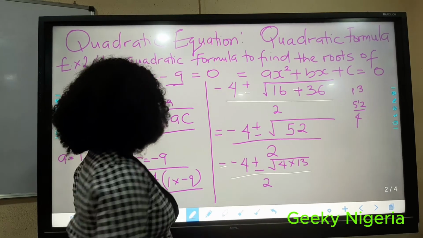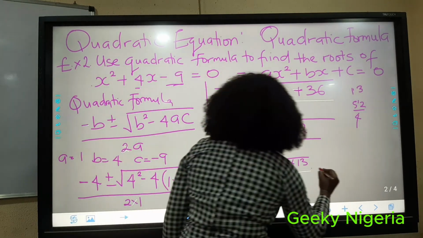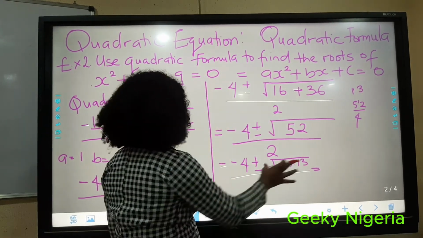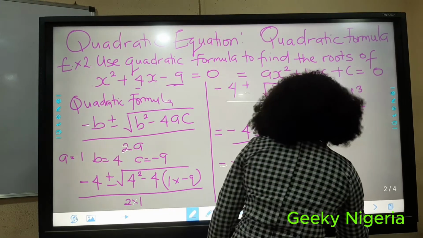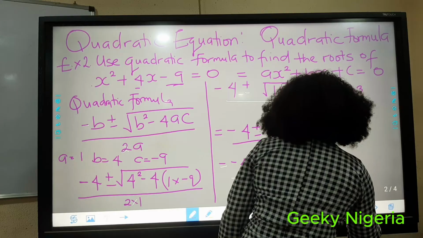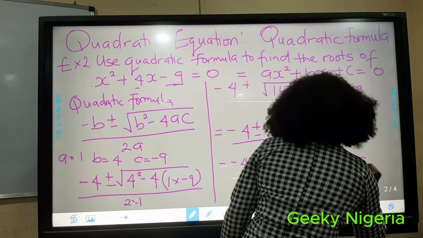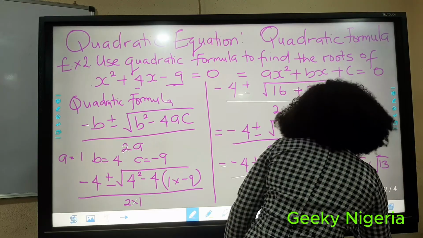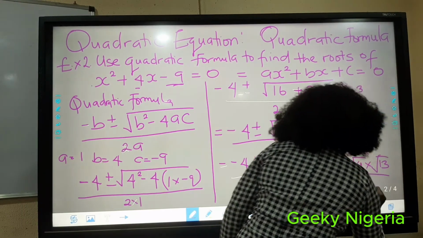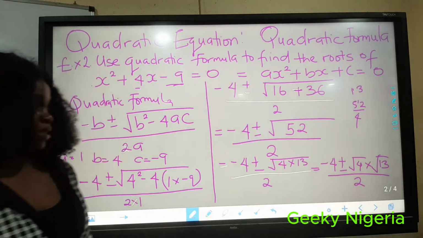So going further, and now reduce this to be what? This representation is the same thing as minus 4 plus or minus square root of 4 times square root of 13 all over 2. Same representation.